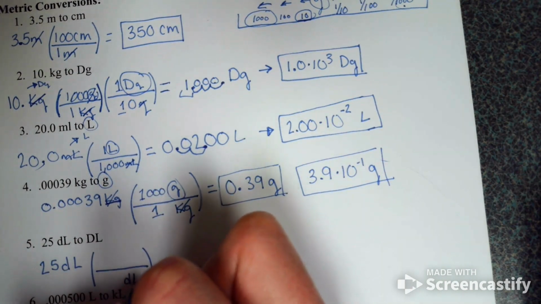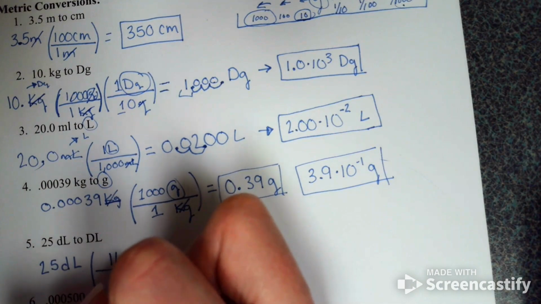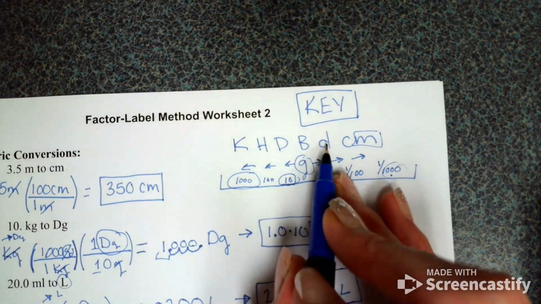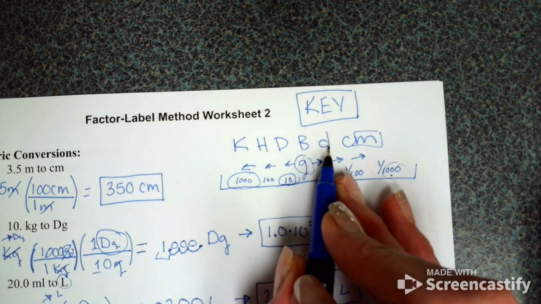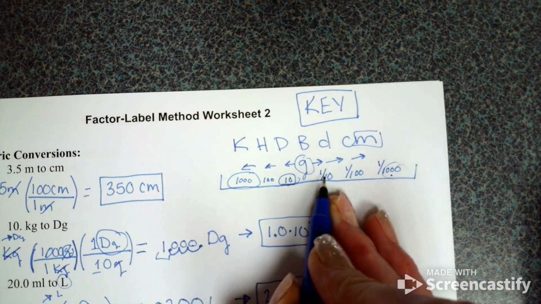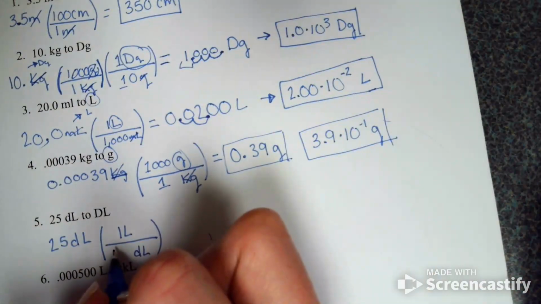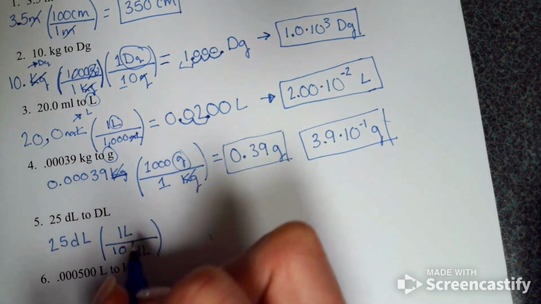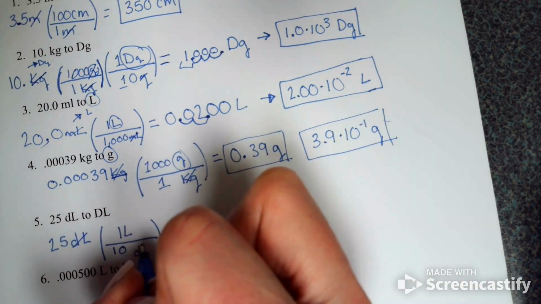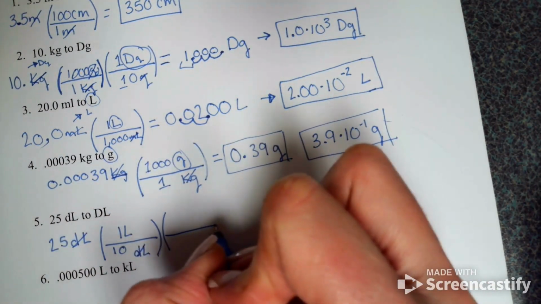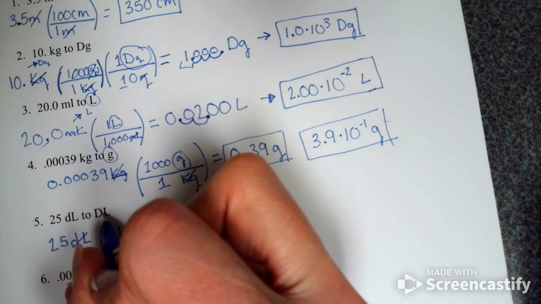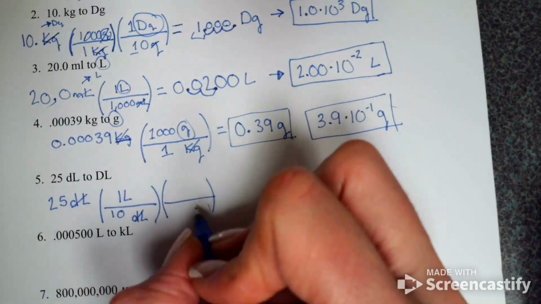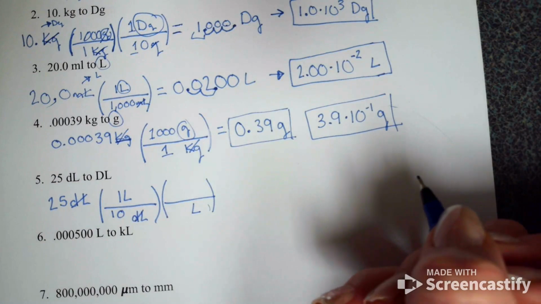So I know I want deciliters on bottom. I know in 1 liter, 1 liter is going to have 10 of these little guys because this is 1/10 of a liter. So I have 10 deciliters in 1 liter. So deciliters cross off. Now because I have liters on top, that's not what I want to get to. I know I need to have liters on bottom.